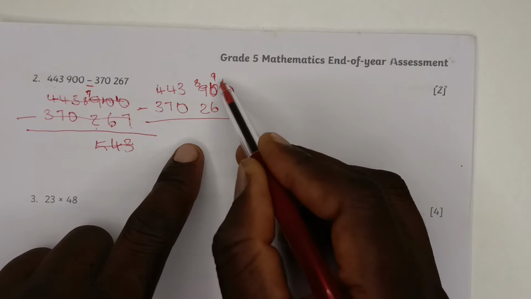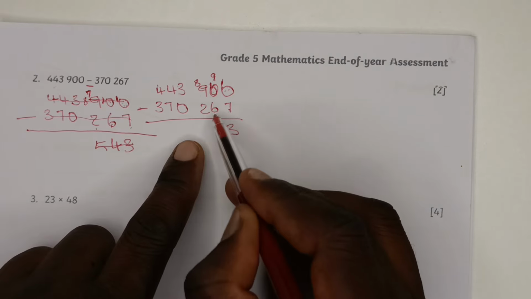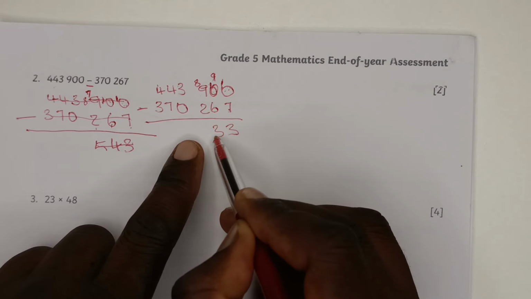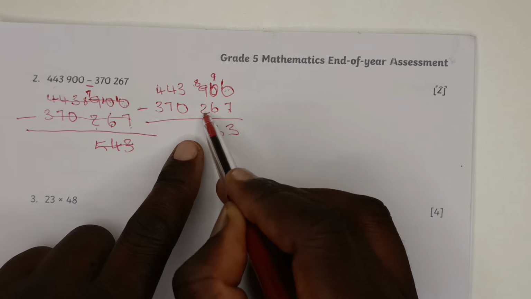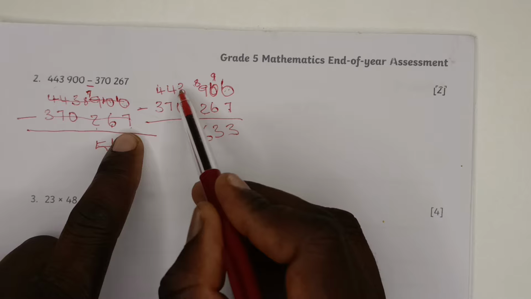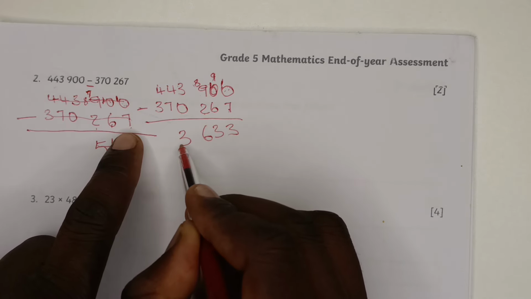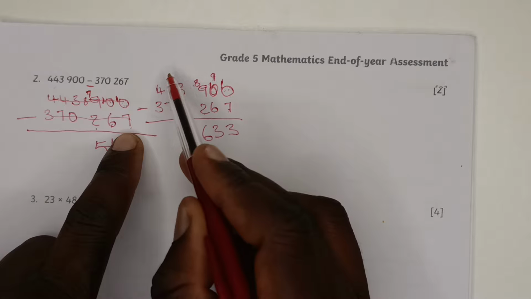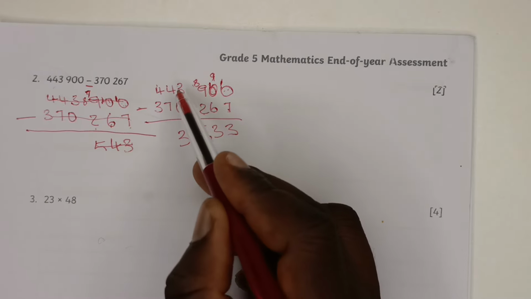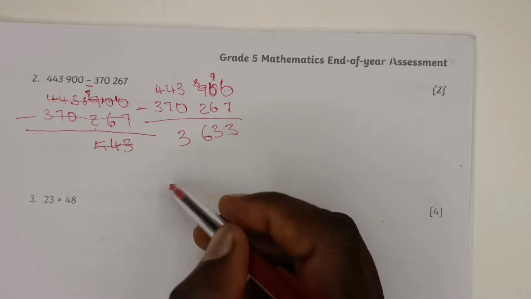So this is 10 minus 7 is 3. 9 minus 6 is 3. 8 minus 2 is 6. So 3 minus 0 is 3. And then 4 minus 7 is impossible.